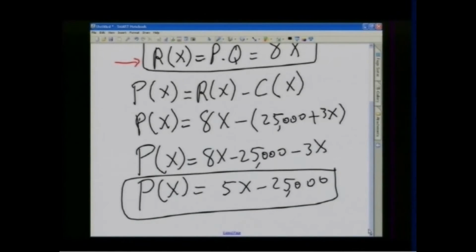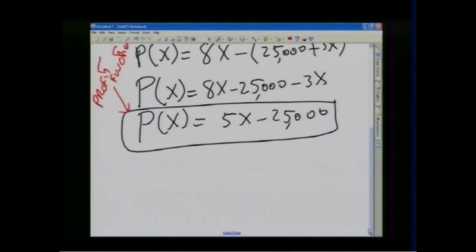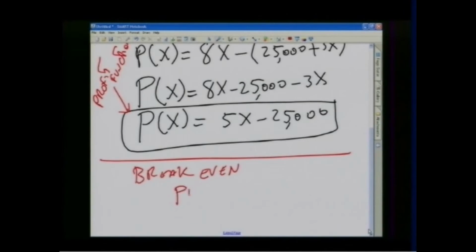This is, again, the profit function. When we are talking about break even, it is when profit is equal to 0.